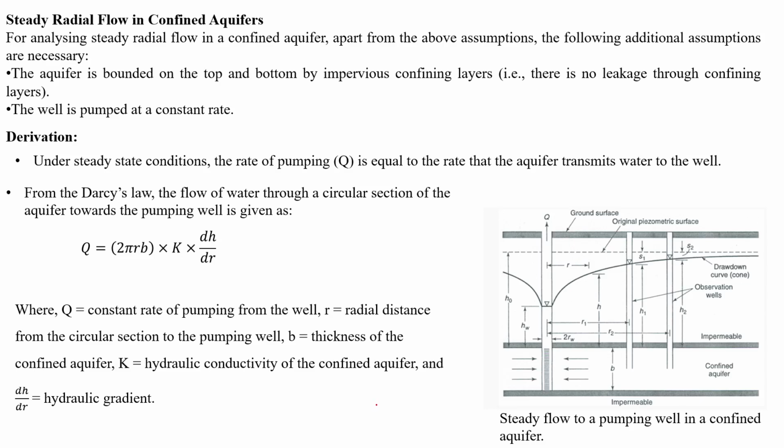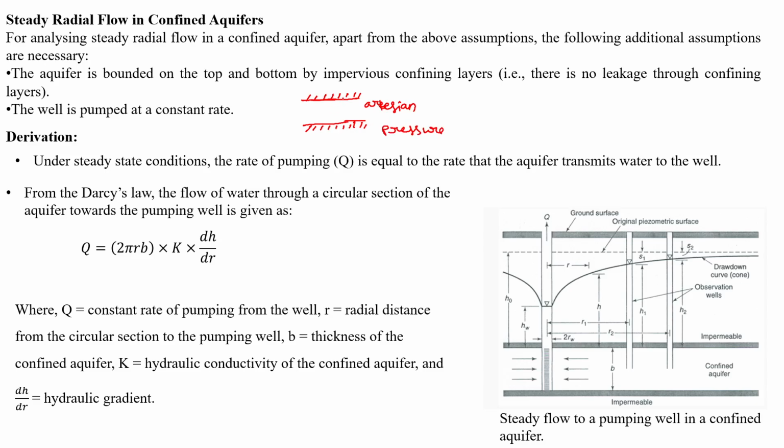Here I'll talk about the Thiem equation, which is really important to estimate steady flow in a confined aquifer. So what is a confined aquifer? A confined aquifer is confined on both sides. The water in a confined aquifer will be under artesian pressure, not the natural pressure.